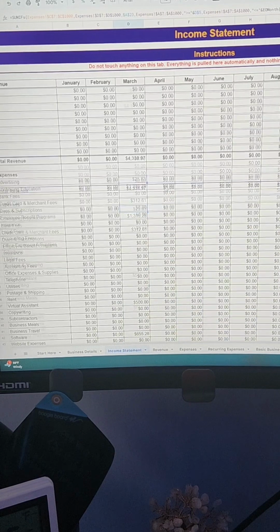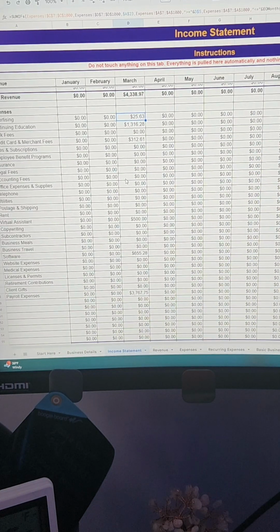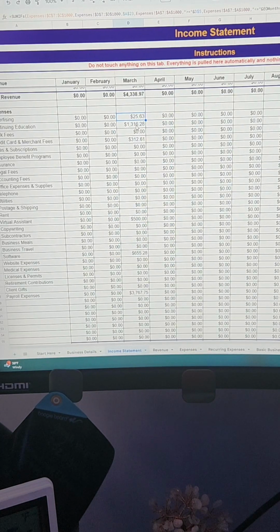And then the next step is to go through your expenses and see, are you spending money where you may not need to be spending money? So go through your expenses. Are you spending too much? Is this 1,300 too high for continuing education?